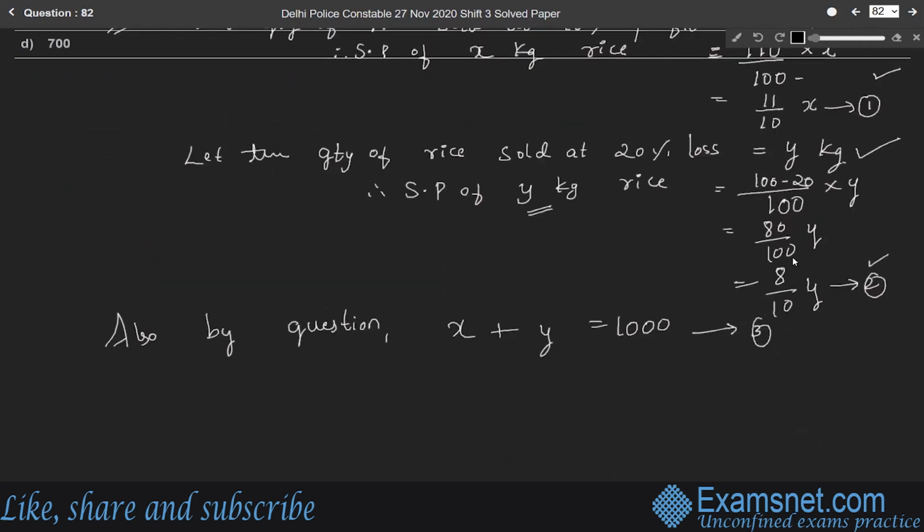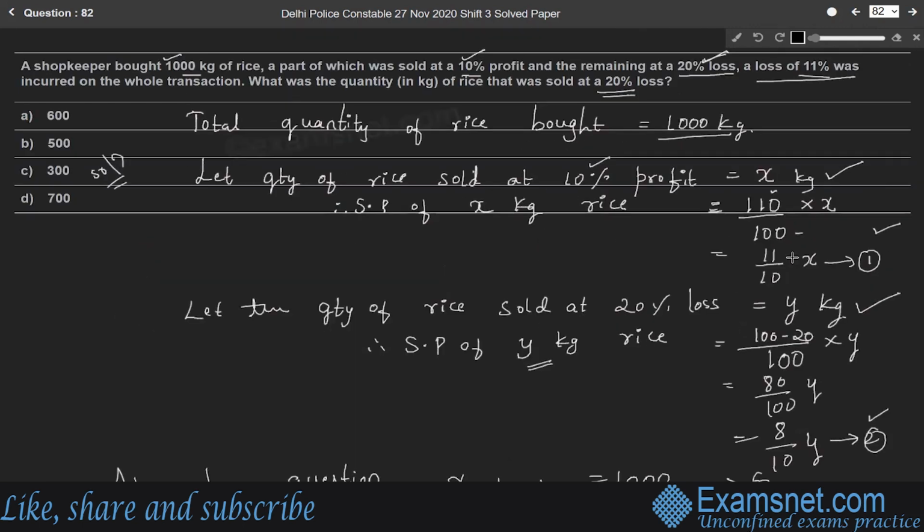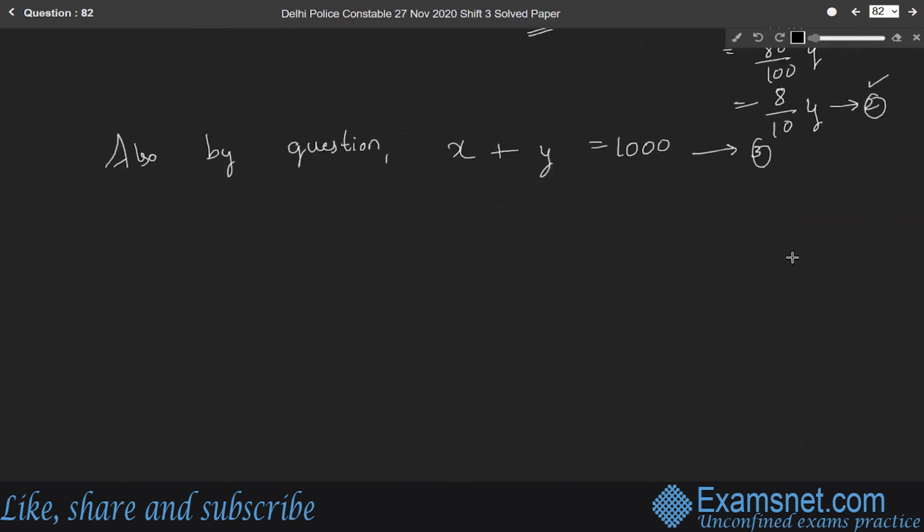In the question it is given that a loss of 11% was incurred on the whole transaction. Therefore, let us write the selling price of 1000 kg rice at 11% loss. For 100 kg of rice, the loss is 11 rupees, so it becomes 100 minus 11.